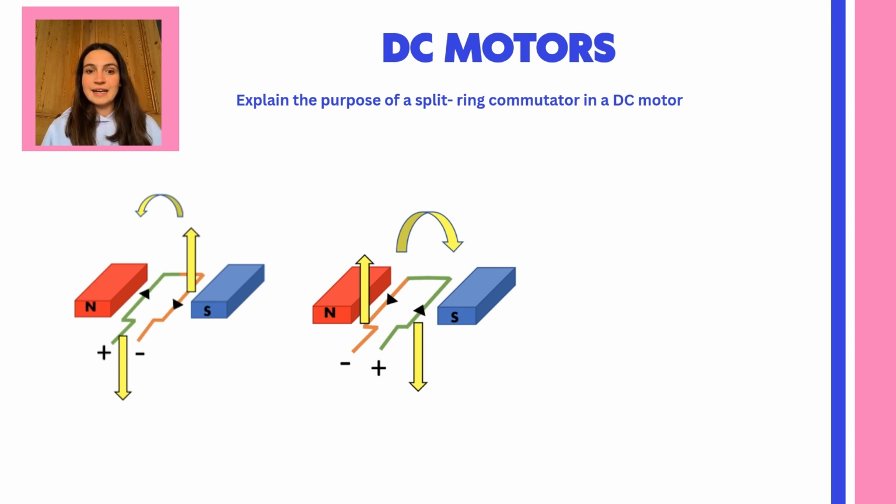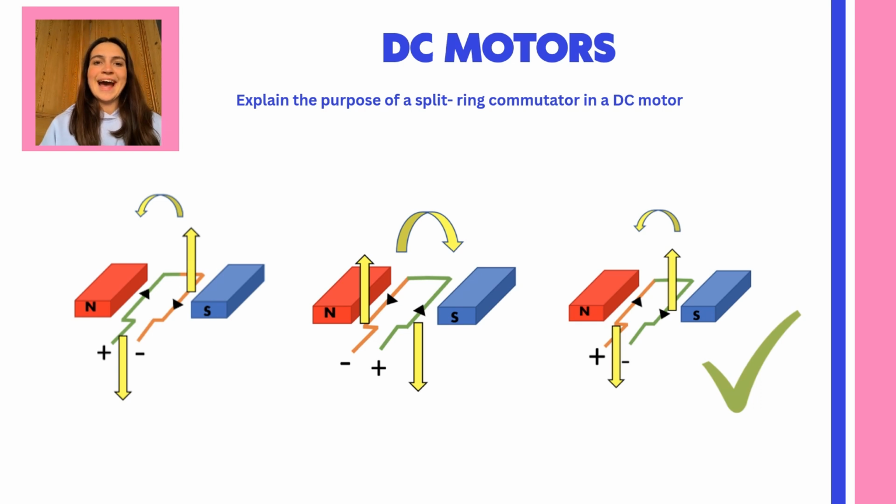So what we really need instead is that after you've undergone 180 degrees, so half a turn, now I really need the green side of the wire that was positive to somehow be connected to the negative terminal. And I need my orange side of the wire that was negative to be connected to the positive terminal, okay?